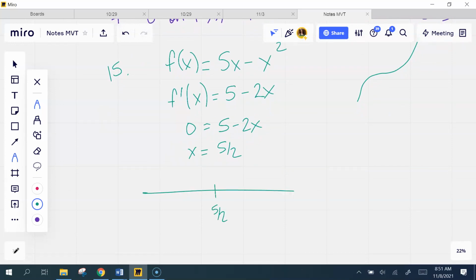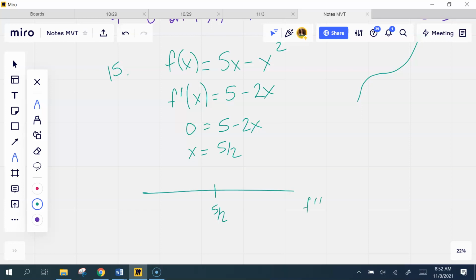This is a possible max or min. Knowing what I know about parabolas and quadratics, this should be a what there? A vertex, so it's a parabola going down. It should be a maximum. It should be an absolute maximum, because it's upside down, that's right.